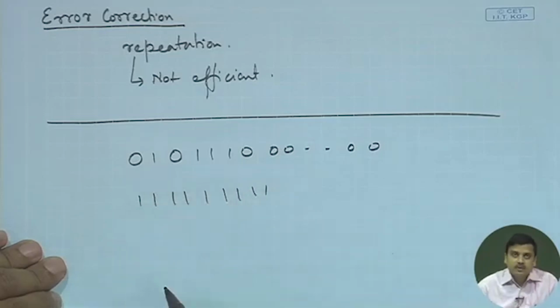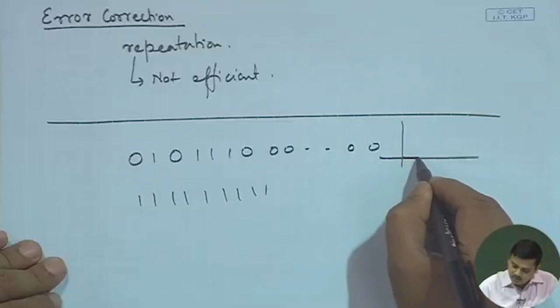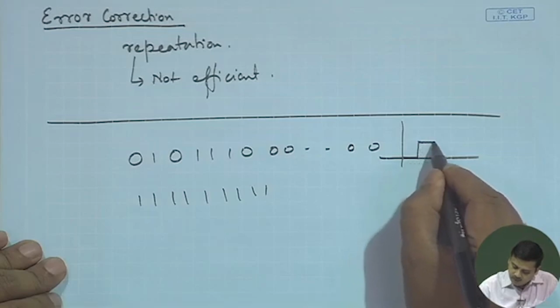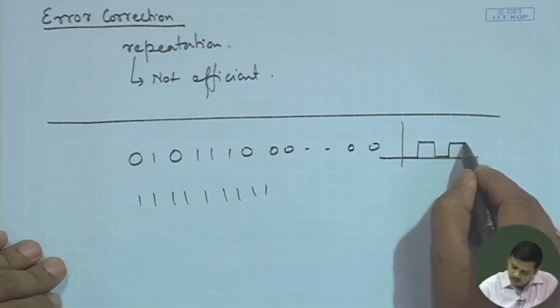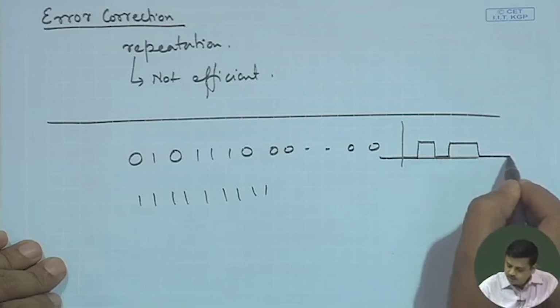If I am going to convert these to voltage levels, where for 0 it is a minus 5 volt or a 0 volt, and for 1 it is a plus 5 volt, what I would encounter in this case is 0, 1, 0, then again 1, 1, 1, and then again a 0.